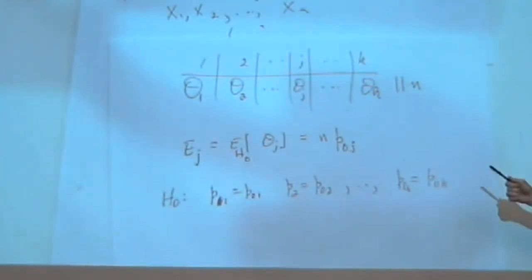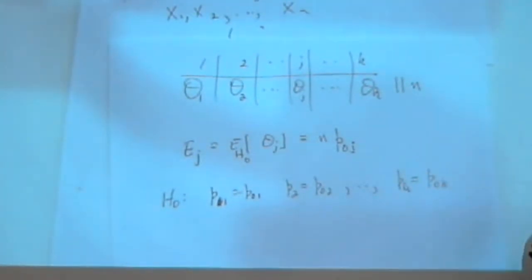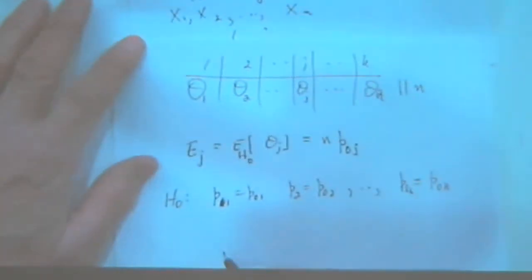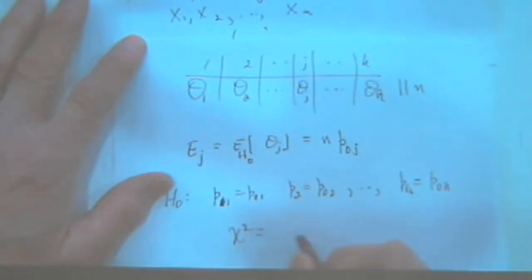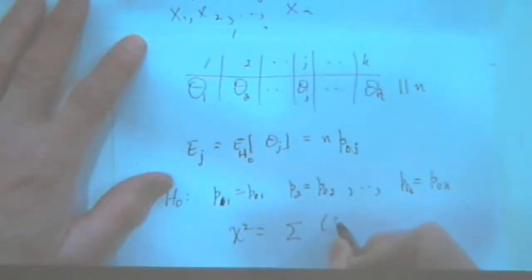So that's what you would expect under H naught, and then the test statistic is just O minus E. Understand that?